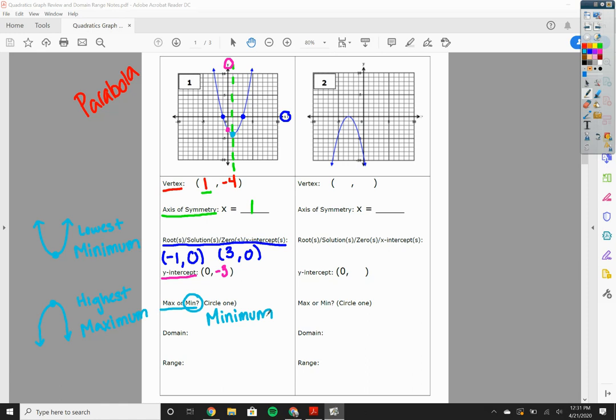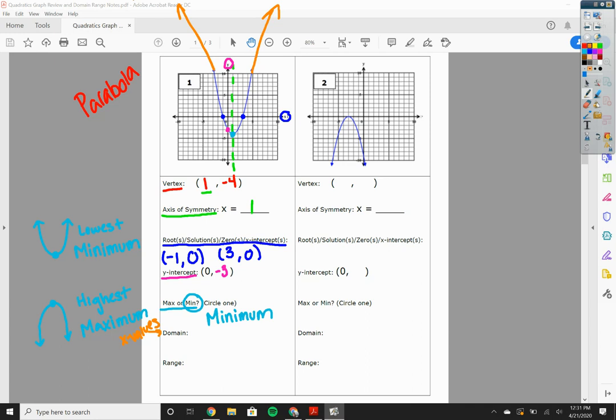Now with domain and range, if we look at domain, that's our x values. We need to see what x values this graph would hit. If this line kept going on and on and on, it would keep going forever in both directions.